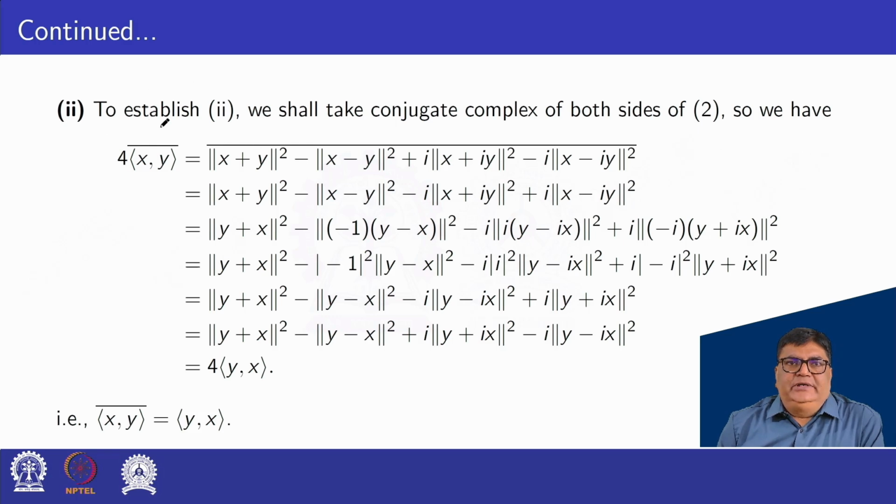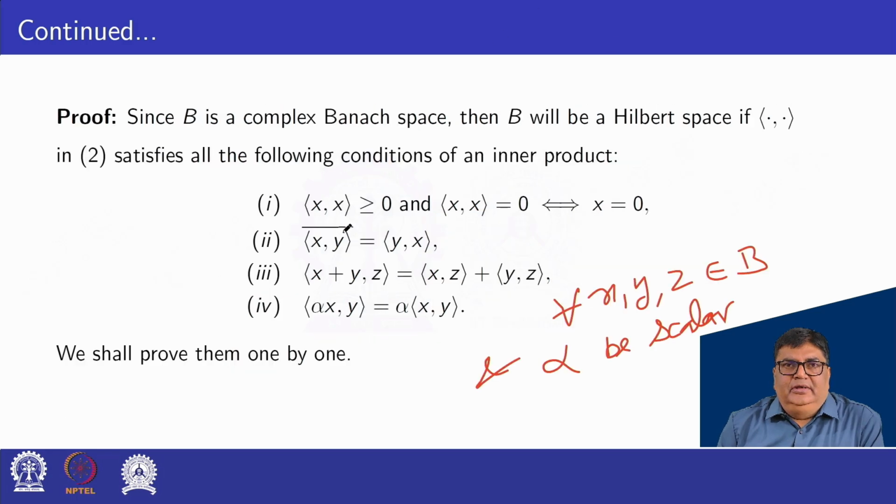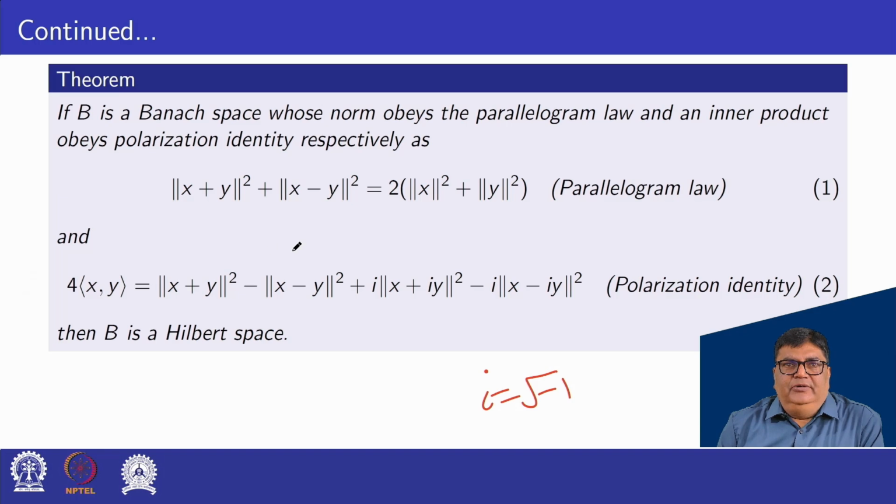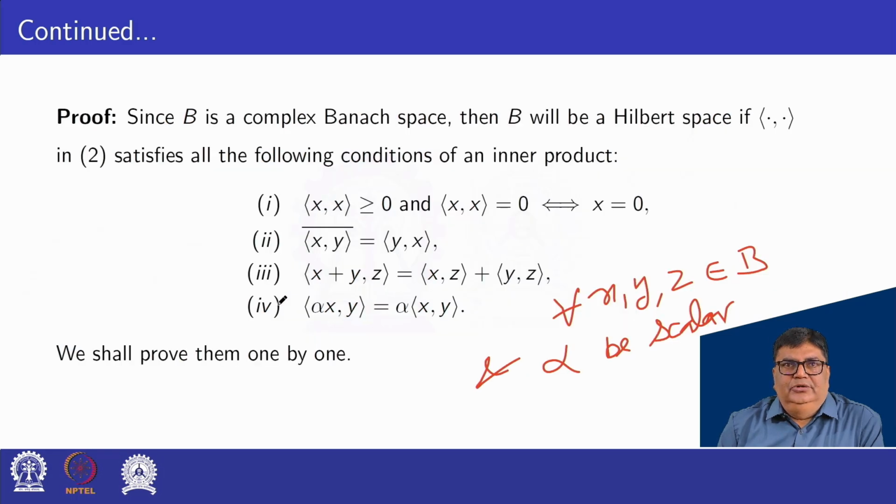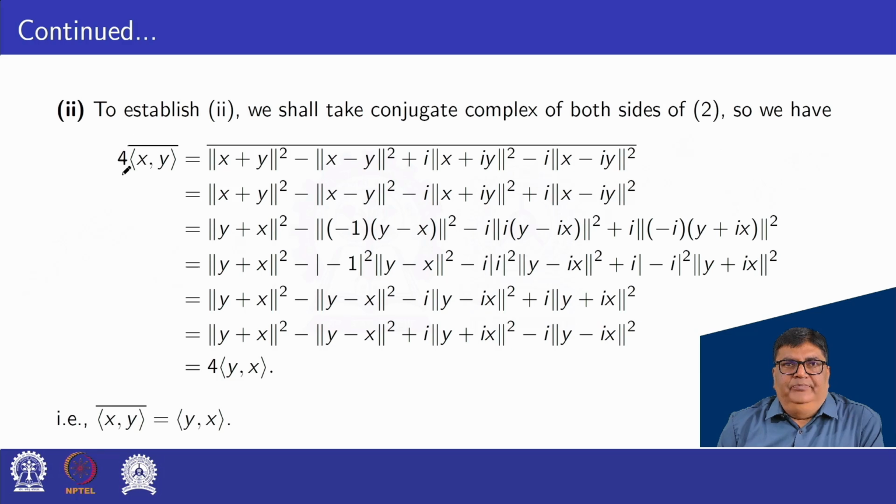Second, to establish the second, we shall take the complex conjugate of both sides of equation 2. So we have this one, and equation 2 is this. So taking the complex conjugate of both sides of equation 2, we have 4 into the complex conjugate of the inner product of xy is equal to this one, and this is the whole complex conjugate of this expression.